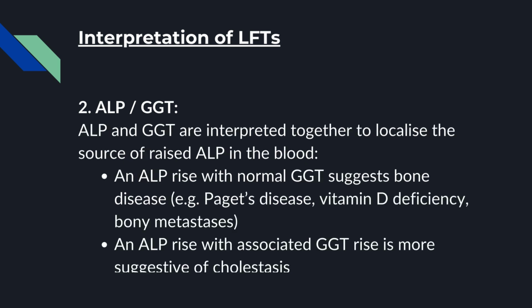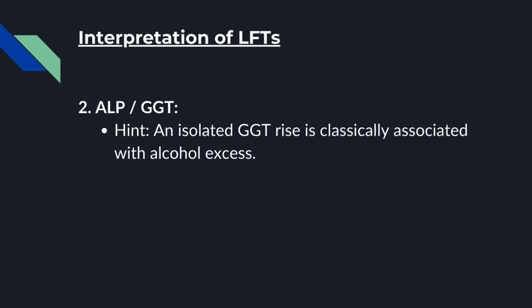ALP and GGT are interpreted together to localize the source of raised ALP in the blood. An ALP rise with normal GGT suggests bone disease, for example Paget's disease, vitamin D deficiency, bony metastasis. An ALP rise with associated GGT rise is more suggestive of cholestasis. Hint: an isolated GGT rise is classically associated with alcohol excess.